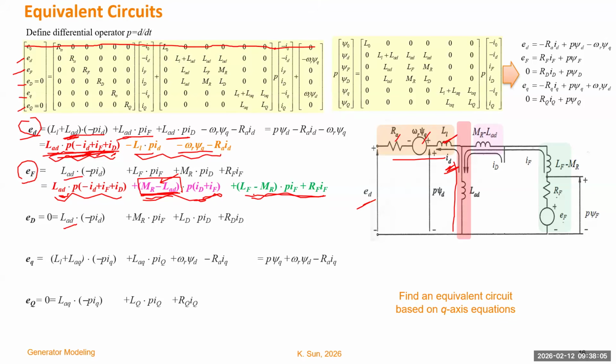The green item describes the voltage drop on this inductance, and also the voltage drop on the resistance. And this voltage is actually just our field voltage, right?